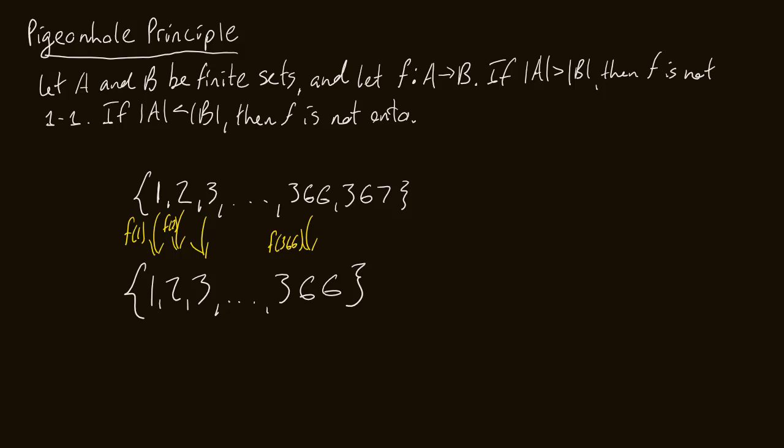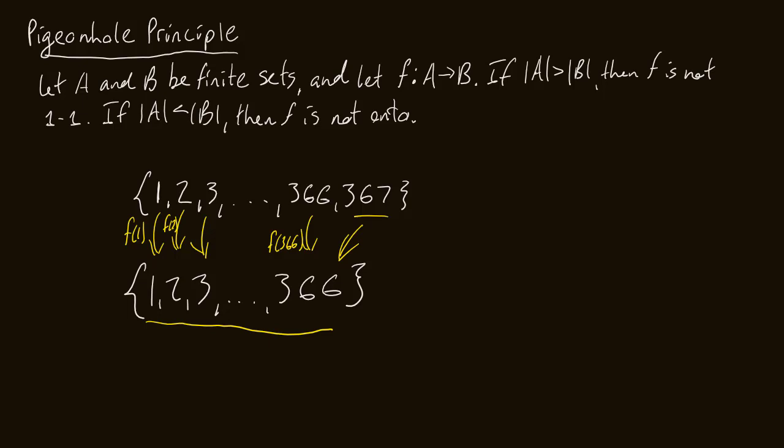And then, well, would you look at that? We have run out of days of the year. So what do we do for poor person 367? Now, I'm not sure what day of the year person 367 was born on, but it was one of the days in the set of 366 days. So person number 367 will get mapped to, let's just say, the last day.